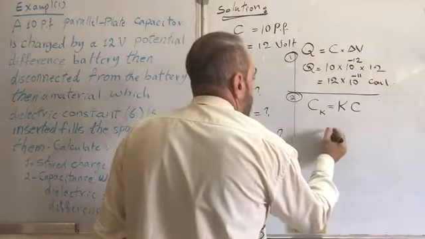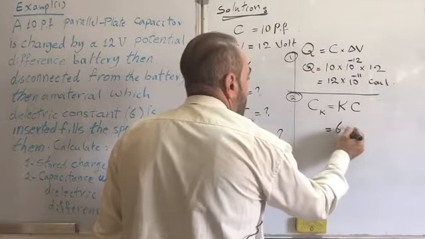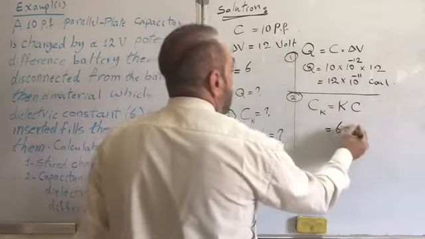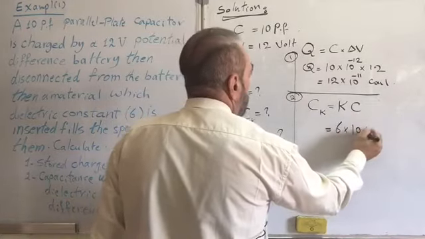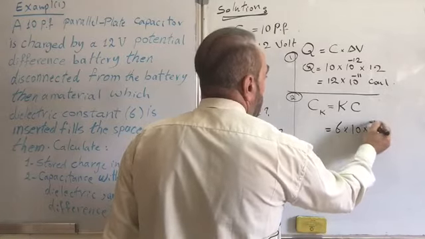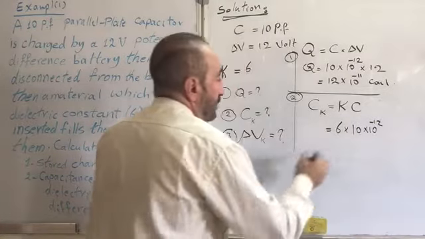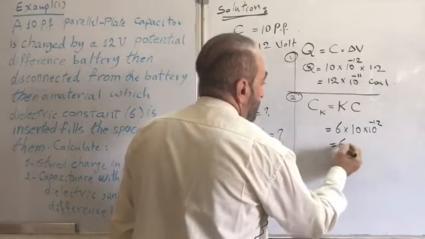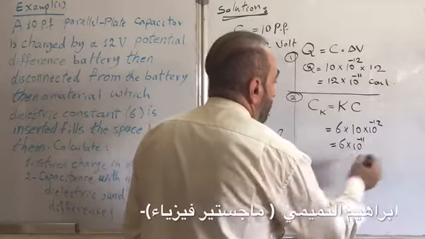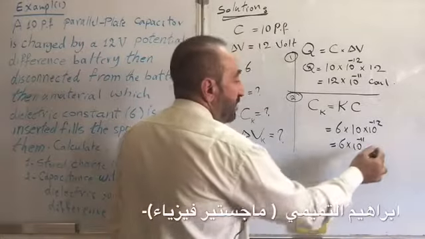Therefore, we say K, 6, times C. C is 10 to the power minus 11, equal 6 times 10 to the power minus 11, and the unit is farad.